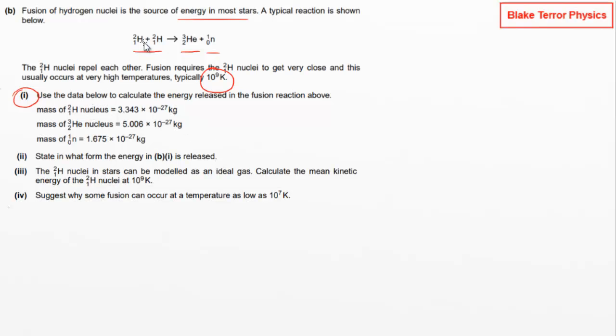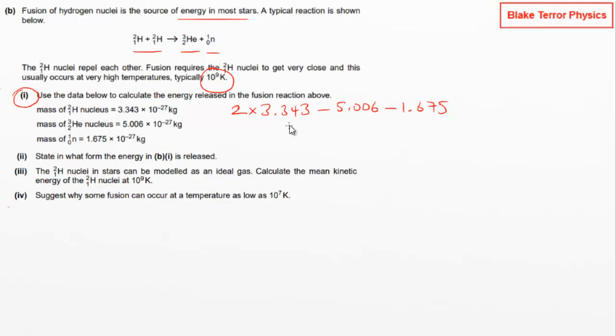So the mass on the left, we've got 2 times, well, everything's got the 10 to the minus 27, so let's leave that out for the moment. 2 times 3.343. And then let's take off what we got on the other side, which is 5.006, and then take off the 1.675.